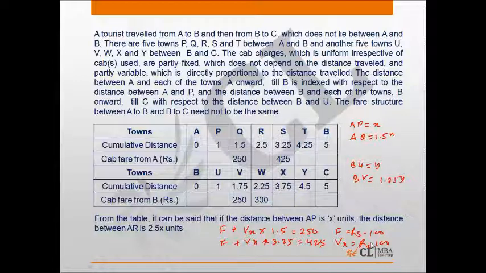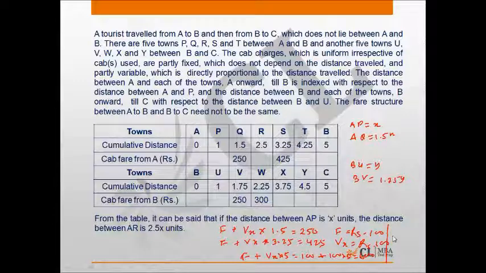From here, we can see that if a person wants to travel from A to B, he has to pay a total of fixed cost, that is F, plus variable cost into 5, which is 100 plus 100 into 5, which means 600 rupees.